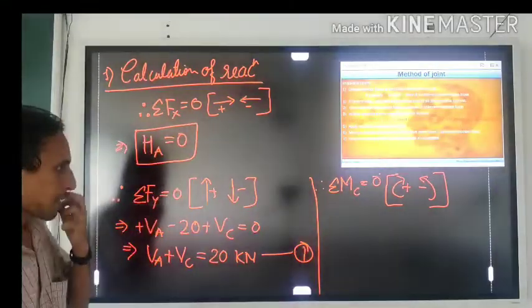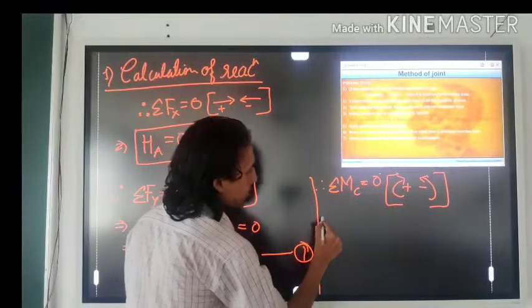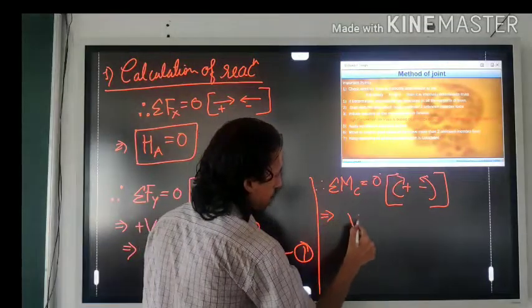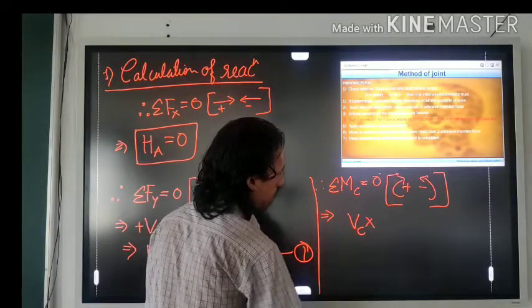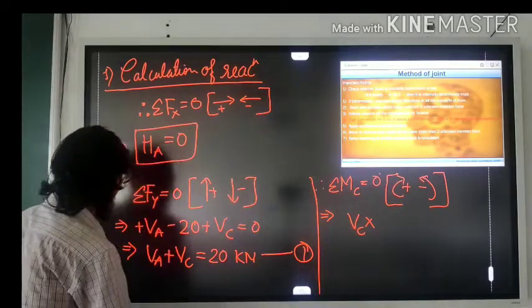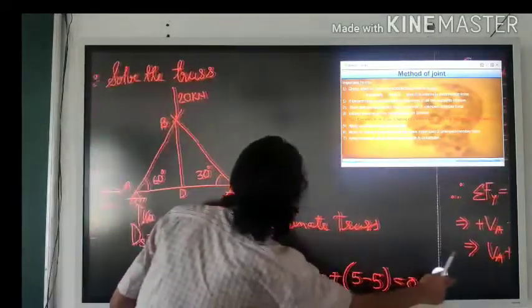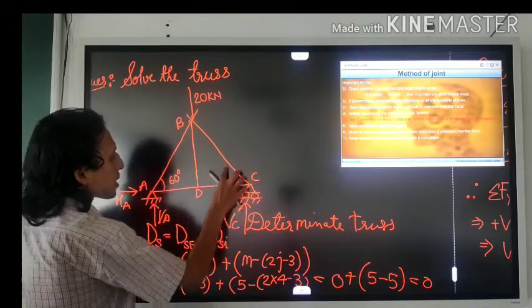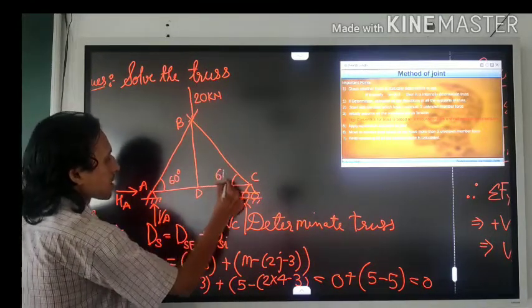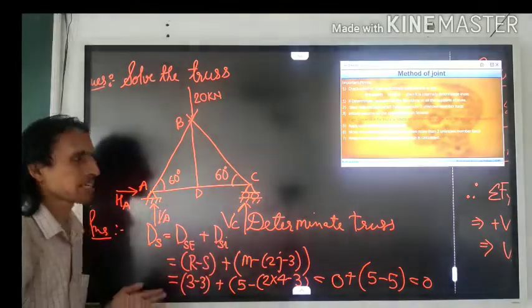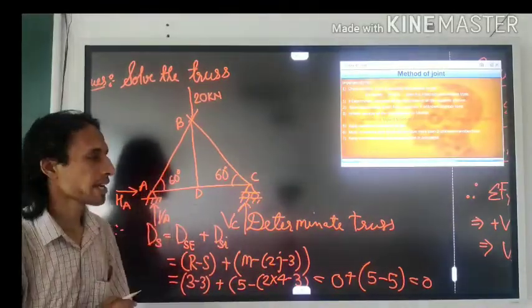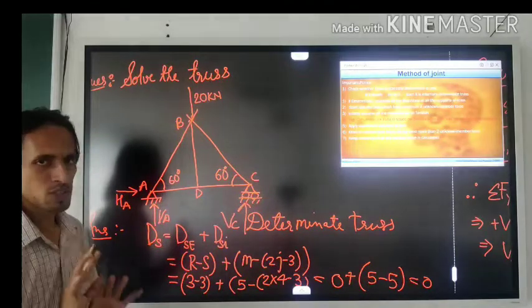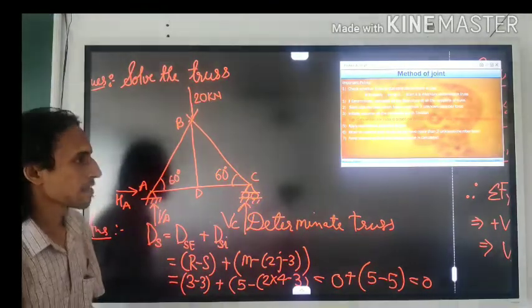Okay, then write the equation that VC is multiplied by some distance. To make the question easy, I am taking this as 60-60, making an equilateral triangle, so that our calculation will be easy.